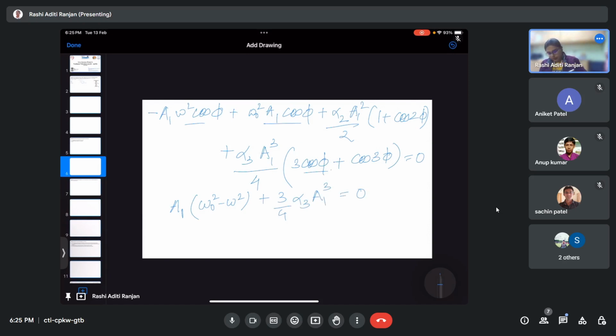Correct? So if I take a1 common, which is a1 into omega naught square minus omega square plus 3 by 4 alpha 3 a1 square equals 0. Now there are two possibilities. Either a1 is equal to 0 or this whole expression is equal to 0. So can a1 be equal to 0?